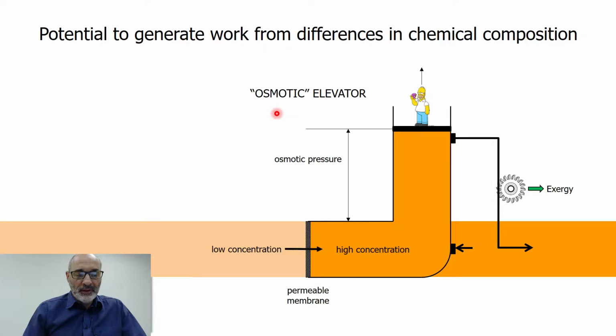And if we allow this water to flow using its potential energy, and if we replace the high concentration water here, we can generate electricity, exergy, from this difference in concentration.